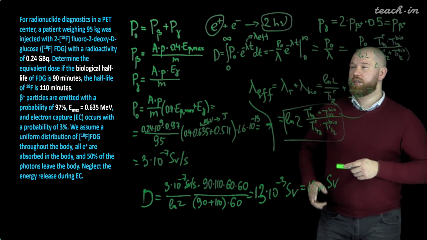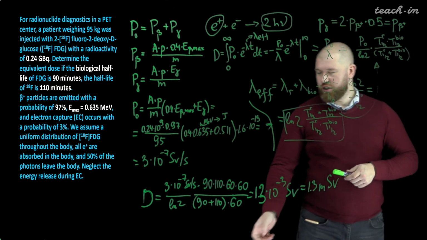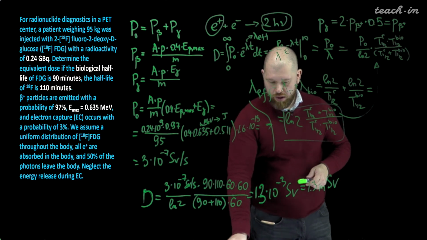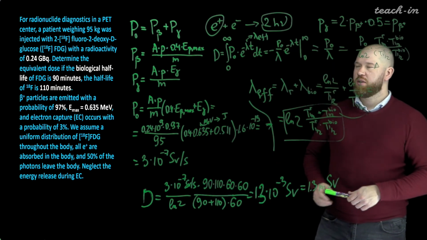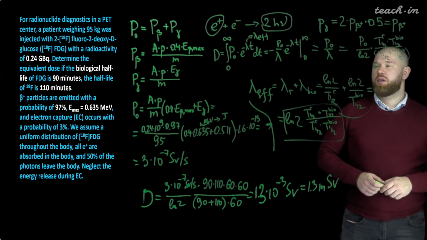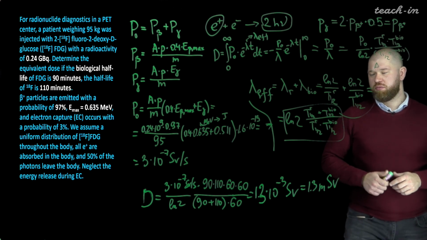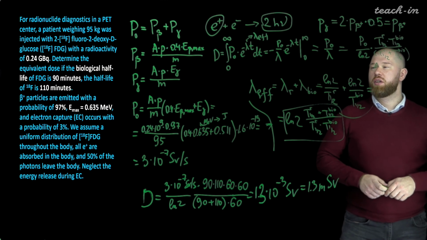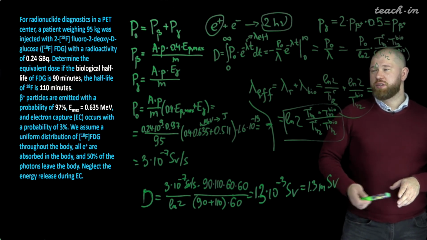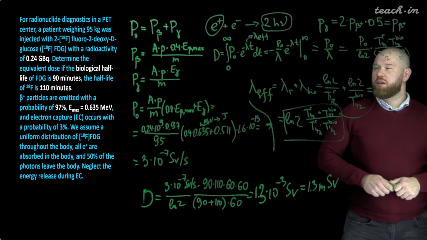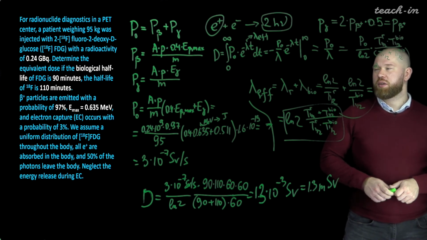So you can see that even when we use such a high activity of the radiopharmaceutical, even in this case we will obtain a dose, an equivalent dose, that is equal to the average dose that we receive from natural background. At least in Moscow it is more or less the same dose, for the annual average dose, and thus it is quite safe for the patient.